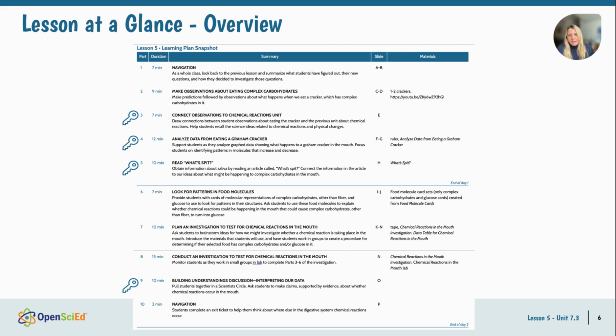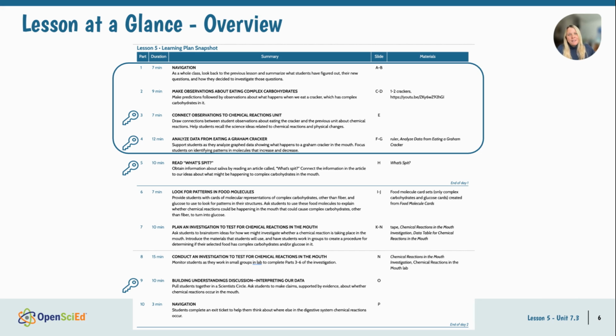So this lesson is 2 days, and it can be broken down into 3 major sense-making chunks for students. The first major sense-making chunk happens on day 1. Here the students navigate into the lesson by remembering what they had figured out about how there were no food molecules remaining in a healthy person's waste, and how we decided we wanted to look more closely at the start of the digestive system, being the mouth.